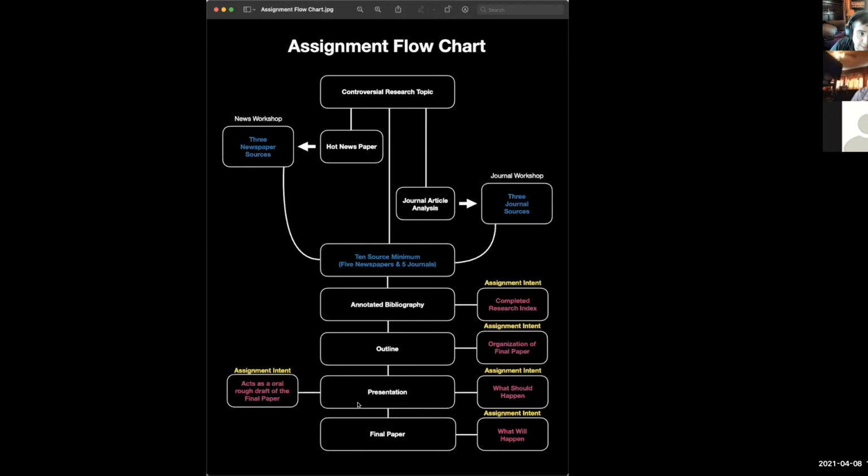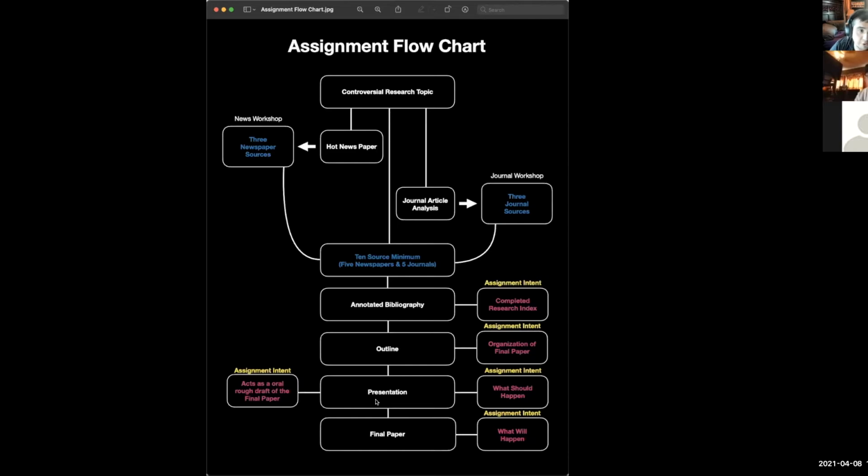Now, in the presentation, as I'll explain when we get to the presentation lecture in about a week and a half, this is the assignment intent. I've told you I don't want any commentary, I don't want the opinion or projection of what you think should happen in regards to Planned Parenthood funding or gun control or DACA or what have you.